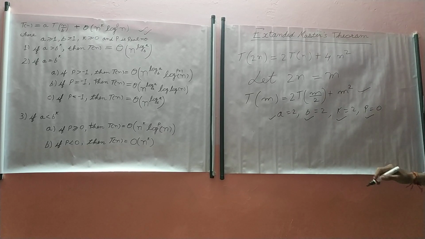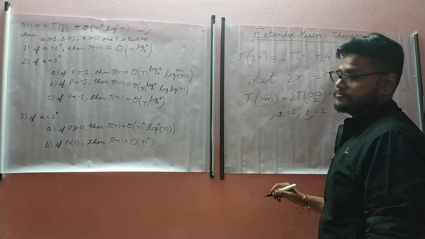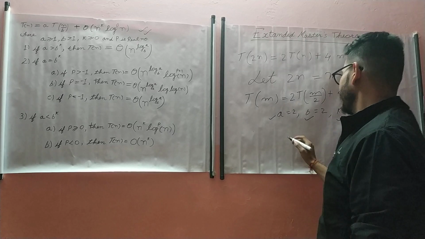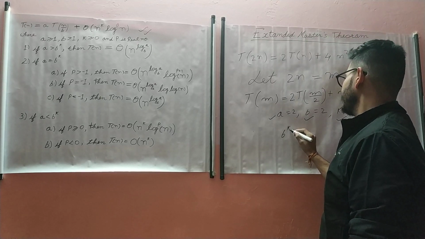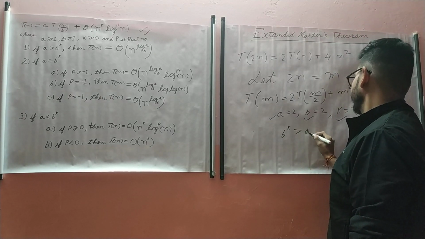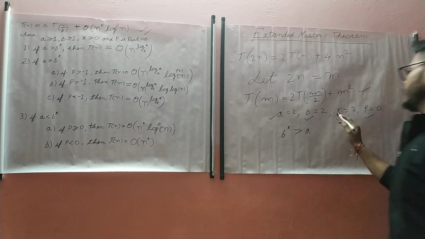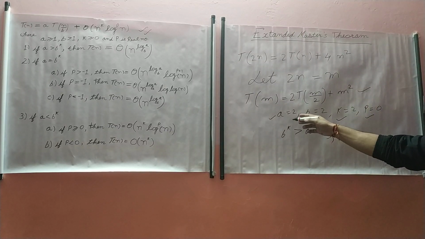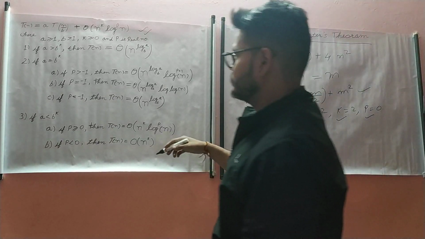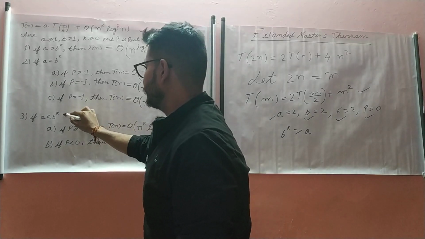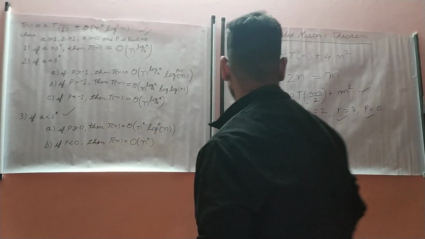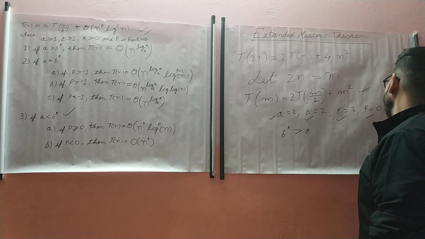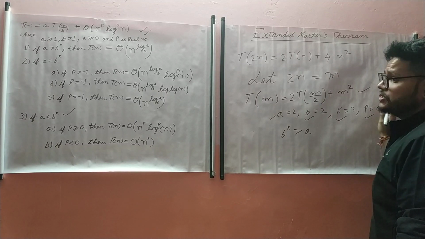Now we compare a and b power k. We get b power k is more than a, because 4 is more than 2. Now we see the value of p. Value of p is 0.